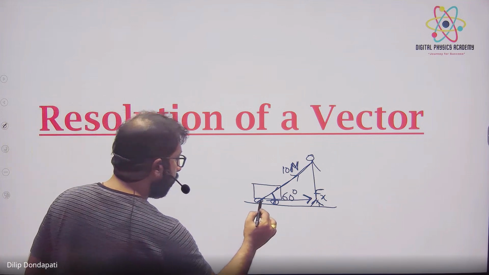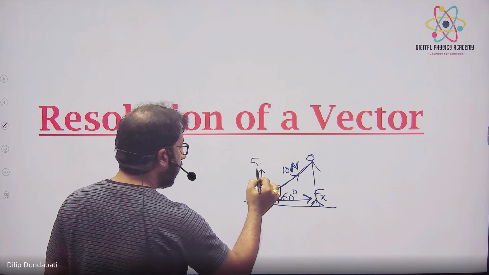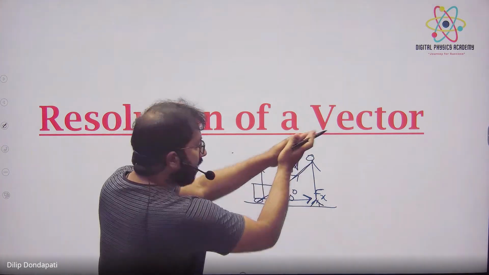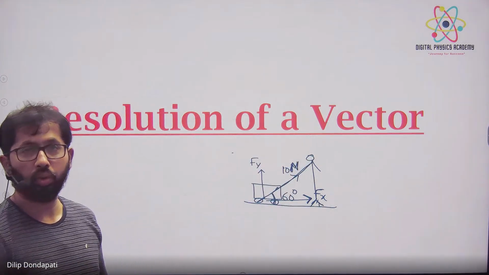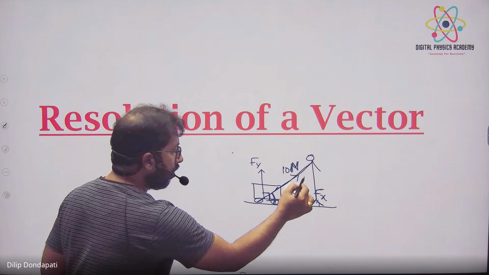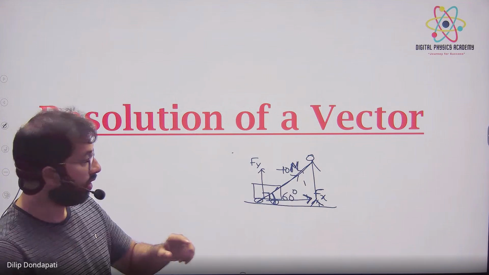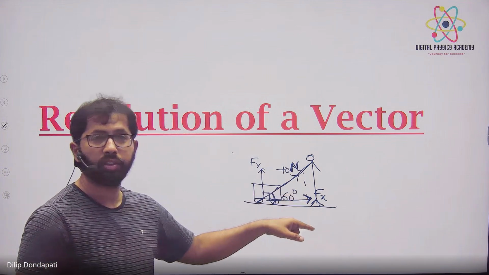And similarly, force also acts in the y direction. Then only the resultant of both is nothing but 10 newtons, because I will apply the parallelogram law. So is the force in the x direction also 10 newtons or different?